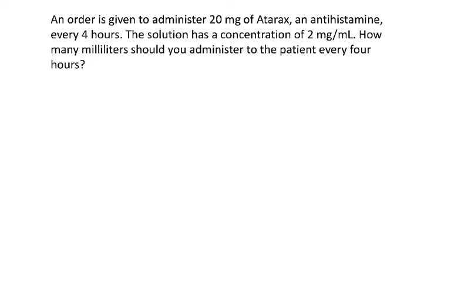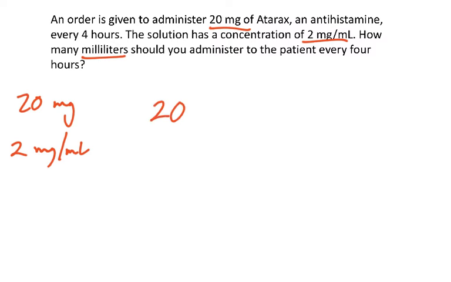An order is given to administer 20 milligrams of Atarax, an antihistamine, every 4 hours. The solution has a concentration of 2 milligrams per milliliter. How many milliliters should you administer to the patient every 4 hours? So we have 20 milligrams of Atarax, and we have a concentration of 2 milligrams per milliliter. How many milliliters should you administer? All right. 20 milligrams times 1 milliliter over 2 milligrams.